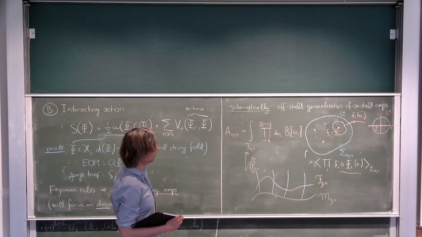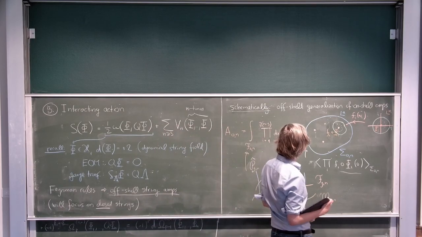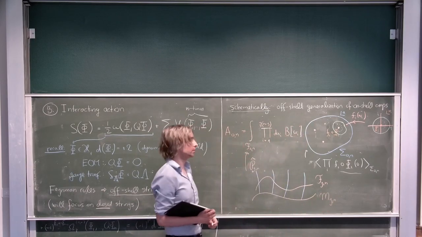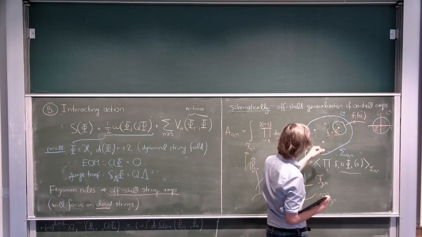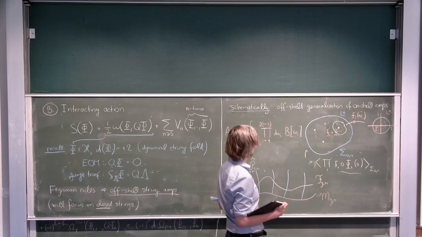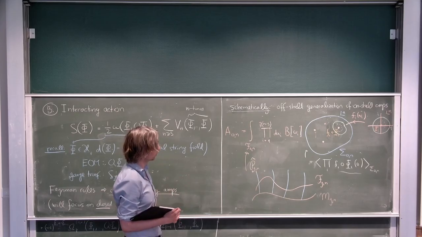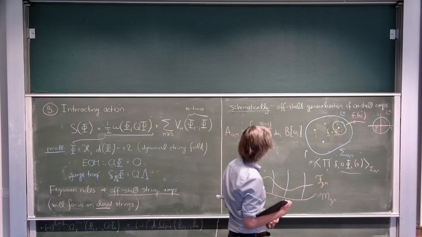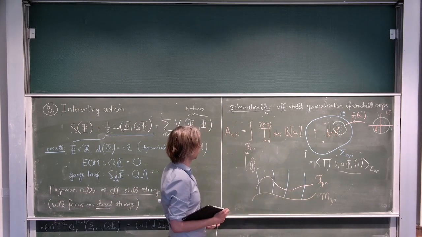But now, of course, there is something more to this. Even in the case of the onshell amplitudes, what I then have to do is integrate over the moduli space of this Riemann surface. Even at genus 0, there is a non-trivial moduli space which is connected with the choice of the positions of the punctures on the Riemann sphere.